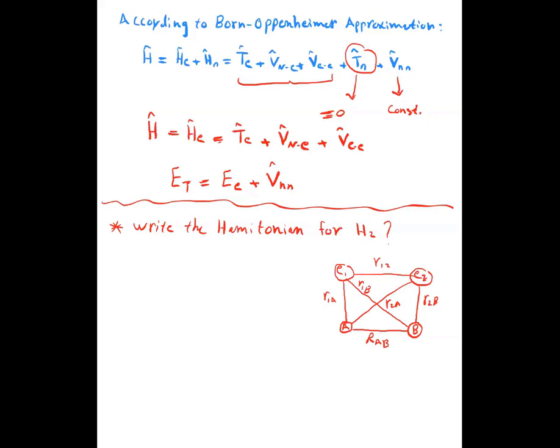So again, to write the Hamiltonian for the H2 molecule, we have 5 terms to represent the system. Now, because we have a summation, we need to split this term into 10 terms.